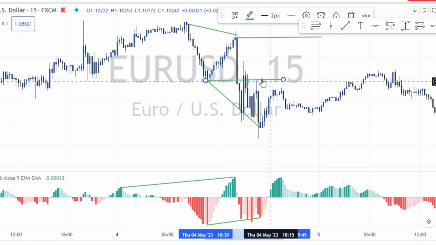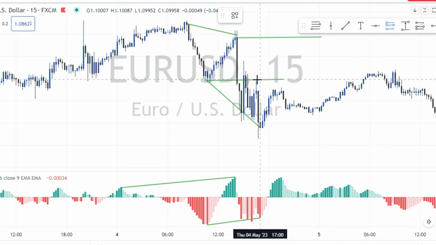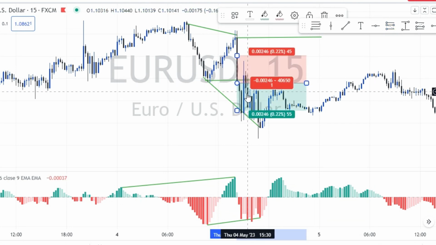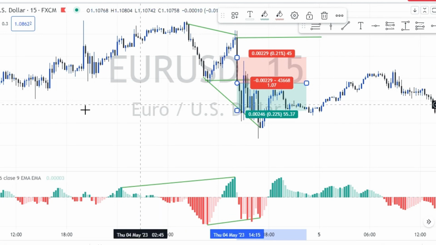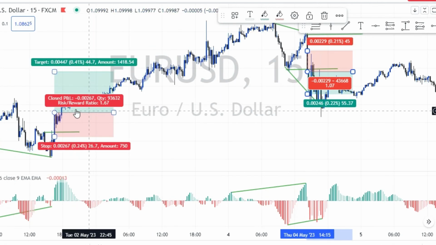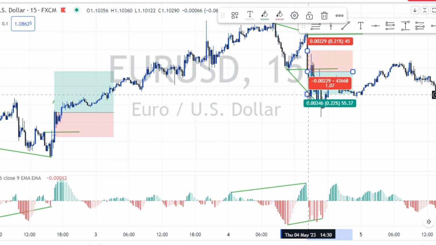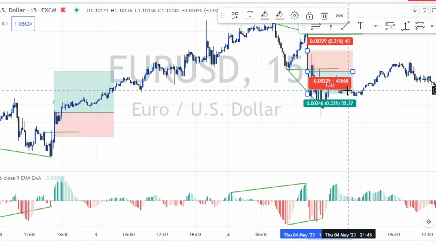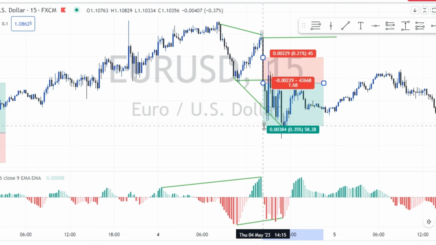So we'd have looked to find an entry here and go short, right? And go short immediately after it closed above this line. And then find a significant lower low this side, which should have been somewhere around here. And you have got your simple short trade, right?